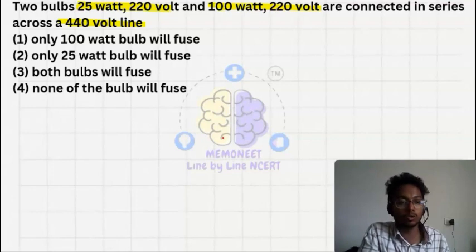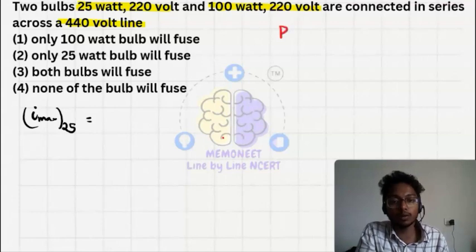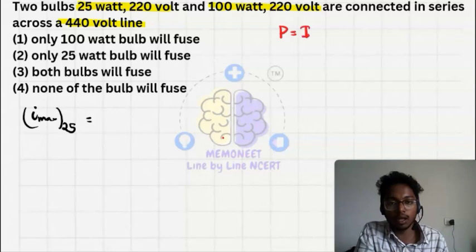So what I will do, I max for the 25 watt bulb. We know that power is equal to I square R, or I can write V square upon R. This is the power.